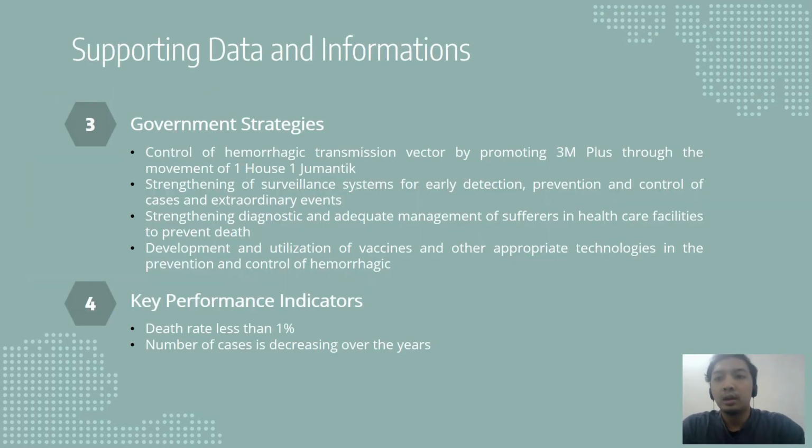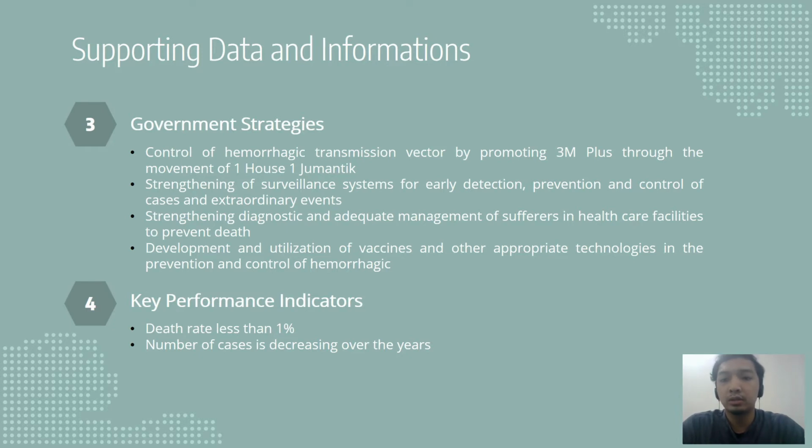Here's the supporting data and information. This dashboard is made for government, so the targeted stakeholders or users are the government. This is the supporting data and information that can help connect with government. There are government strategies; I will only read the first line.